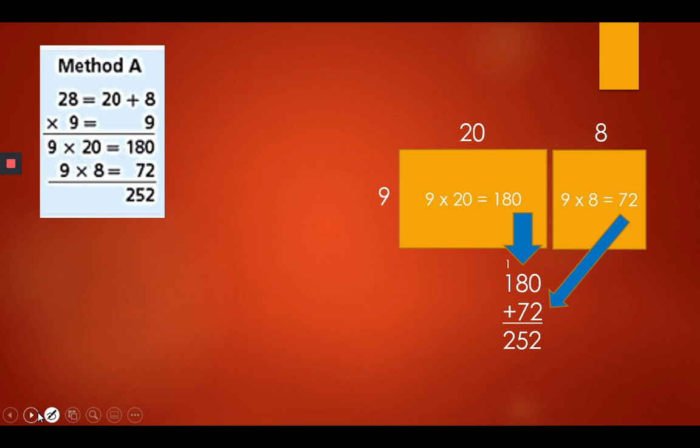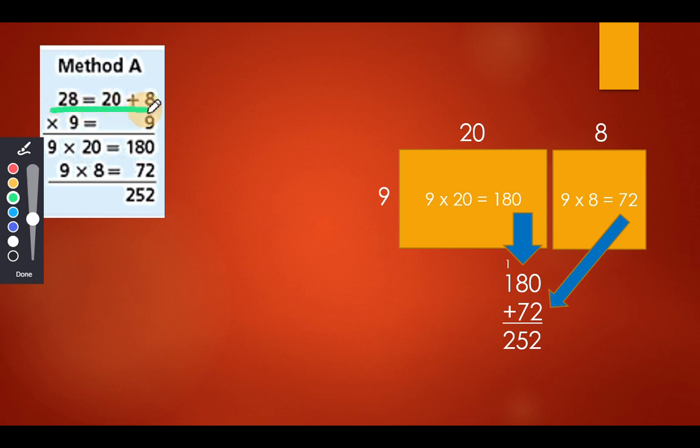Method A is the full expanded notation method. And we're just going to match up the things that are written in method A to what we've done in our area model. So let's find us a little pen over here. Let's start with a green one. So first of all, in method A, we have broken up our 28 and made it a 20 plus 8.